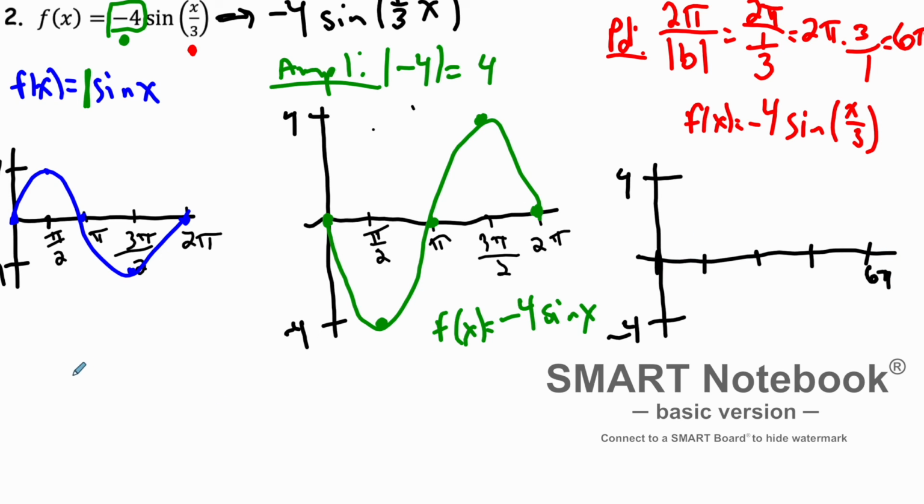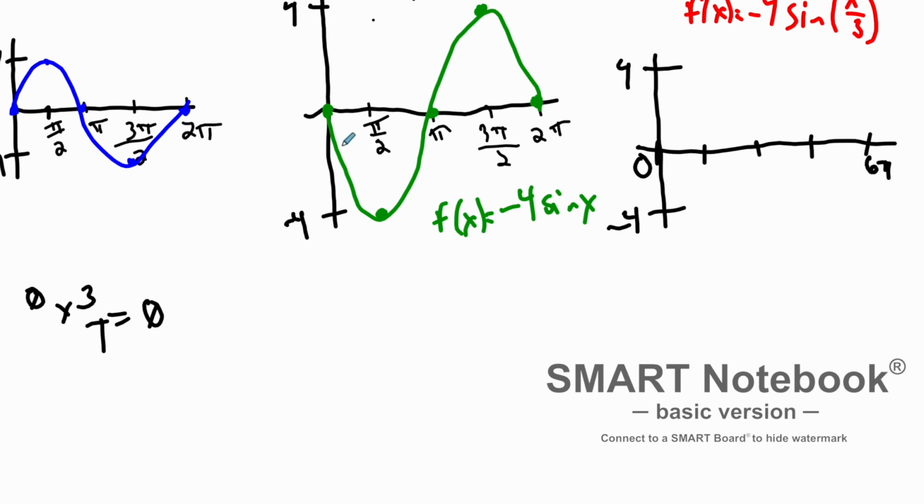First one's always real simple. 0. Instead of doing 0 divided by 1/3, I'm going to multiply by the reciprocal, 3 over 1. And that's still going to give me 0. So no surprise there. That's what it's always been. So 0. Up next, pi over 2.